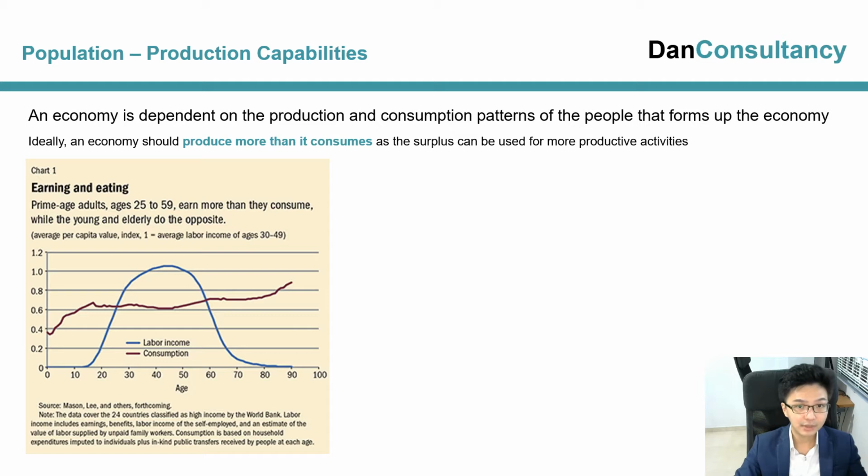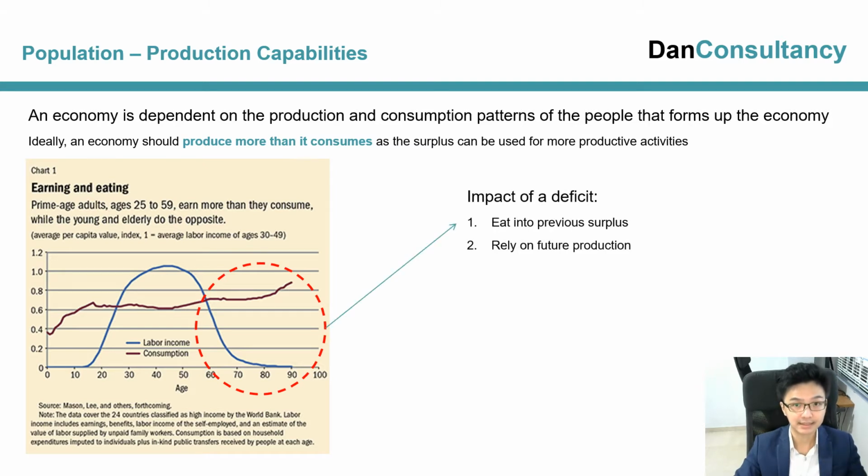A developed economy faces the issue of an aging population, and they have to deal with the cost of aging as its population starts to consume more than what it produces, right? When that happens, this is what we call a deficit, and it can only be addressed by either drawing down from previous surplus that was generated or relying on future production.